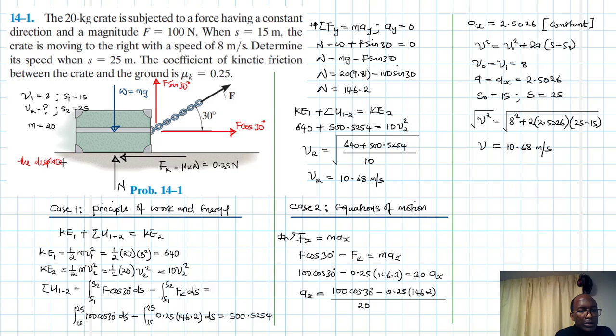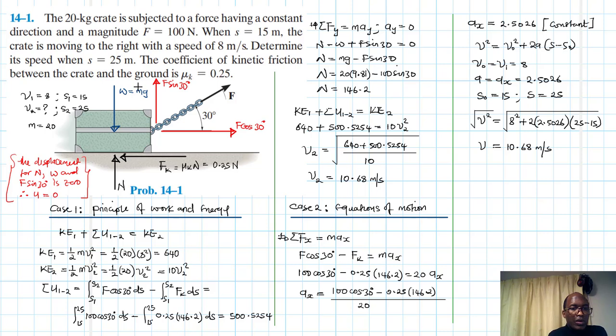The displacement for N, W, and F sine 30 is 0, and therefore the work is also equal to 0. I thought of mentioning this.